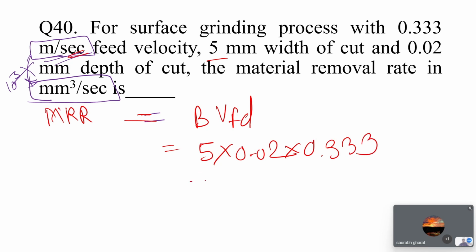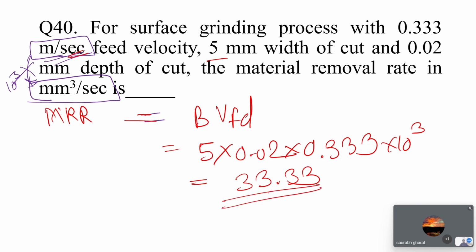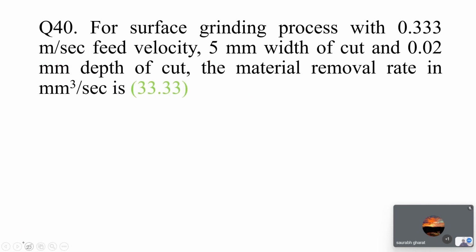What will you find? 0.333 into 10 raised to 3, because you convert it into millimeters. So what is your answer? 333.3, multiplied by 5 into 0.02, which is 0.1. So this will be your answer, 33.33.